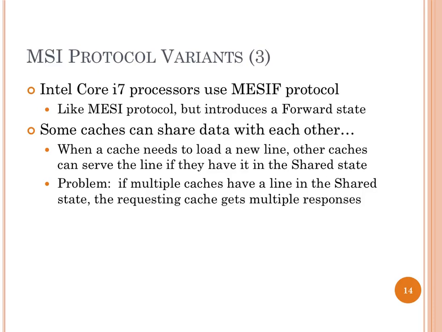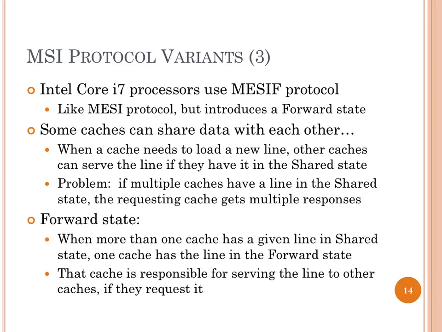So why not have data able to be moved between caches on this bus? The only issue being if you have two processors with the same block in their cache and a third processor wants that data, now you have to have some contention or some way of prioritizing or arbitrating between the two caches that can provide the data.